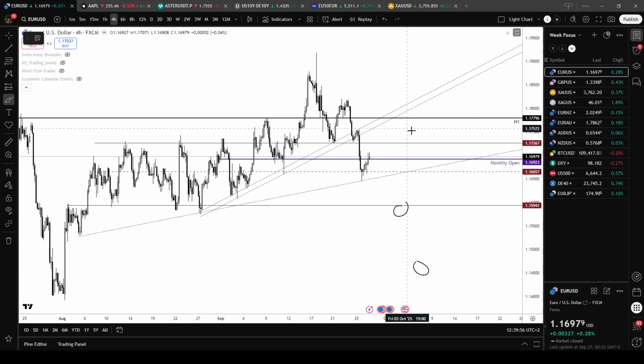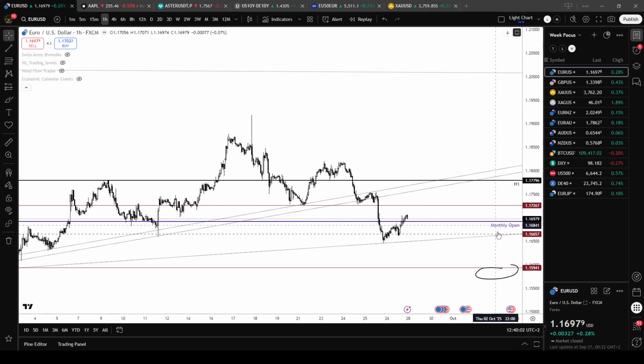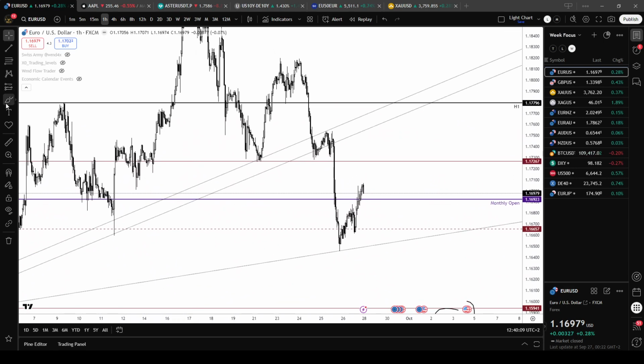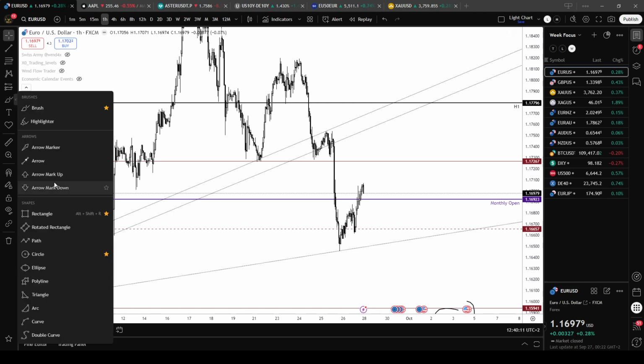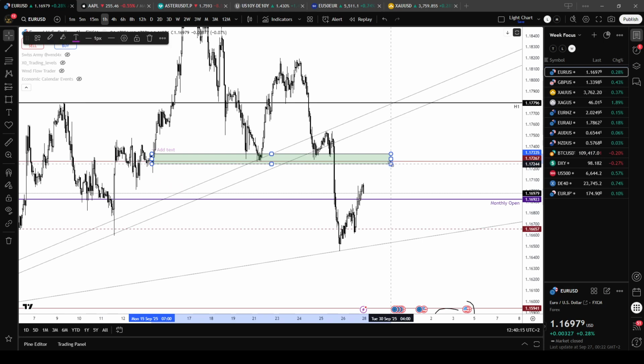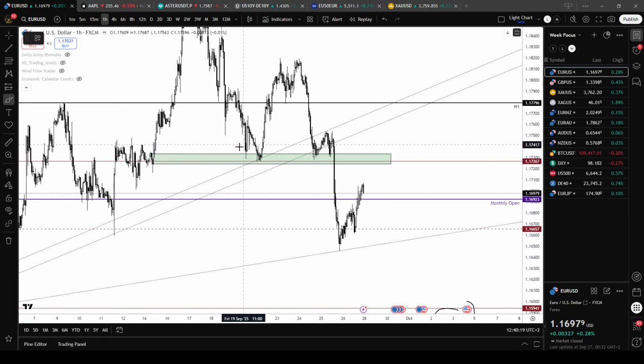The first level would be this top of the range part, and it is not only the top of the range, it was also the origin of the move up before FOMC, this level here. The market bounced around this area perfectly, and it also did it before breaking lower.